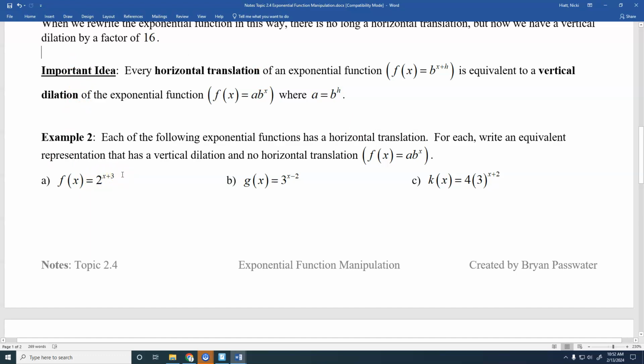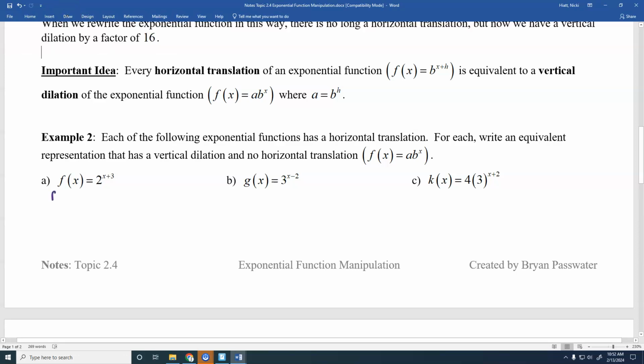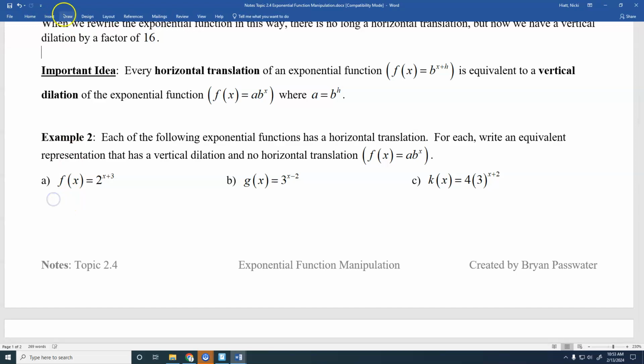Let's start first of all by just telling what we have here. Let's just say it would be y equals 2 to the x shifted, which direction? Left 3, right? That would be the horizontal shift.